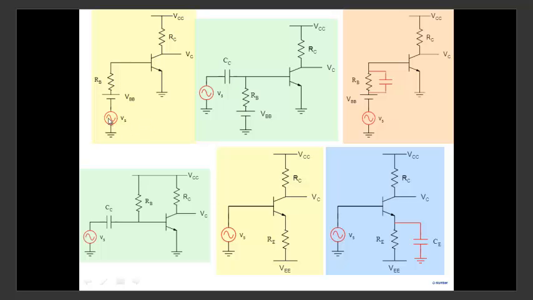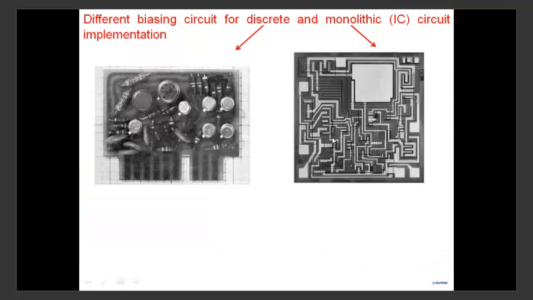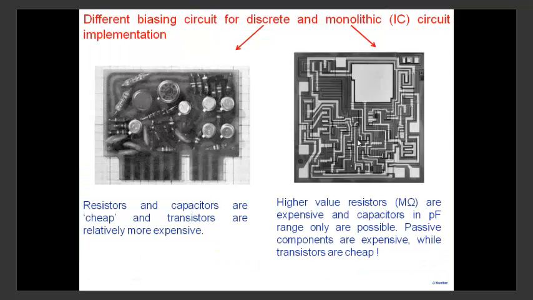Now, if you can come up with a solution where you bias the transistor in forward active mode and you can separate the signal also, in the sense the signal sees only the base emitter voltage here, if you can separate them out without the use of capacitors, no capacitors will be allowed, can you achieve what this circuit is doing without the use of capacitors? Then that particular design would be suitable to be put on silicon. So think of that. We'll come back later on in the course.